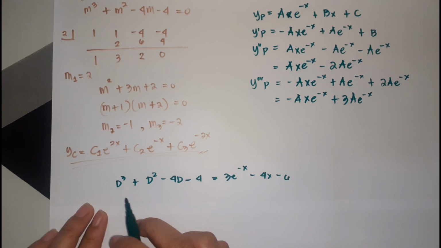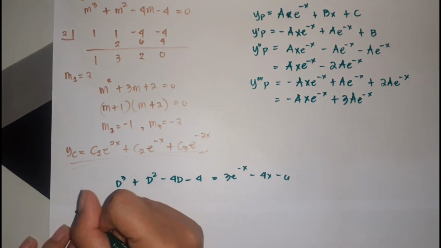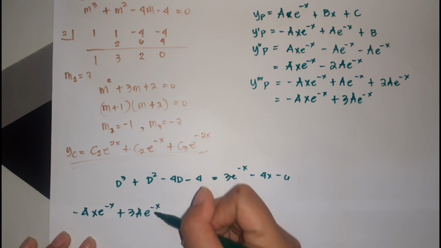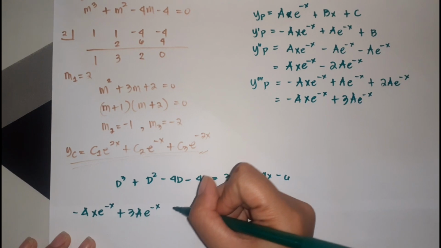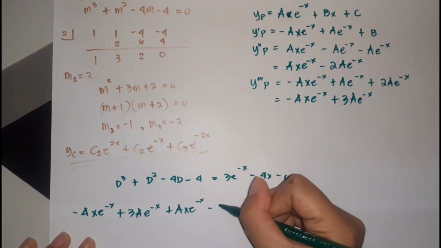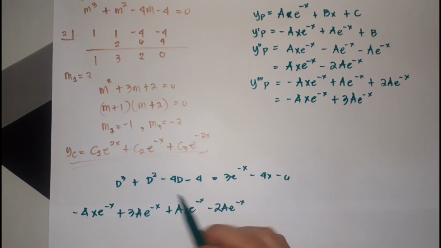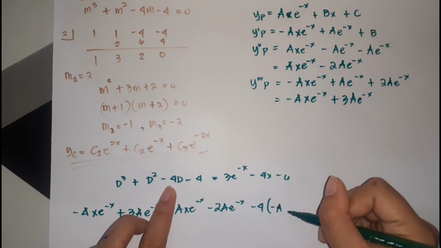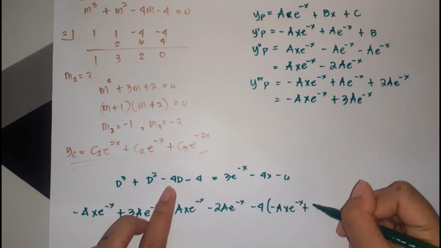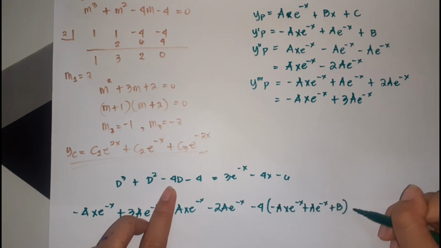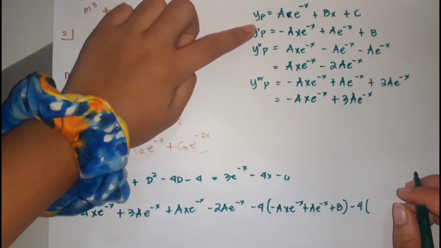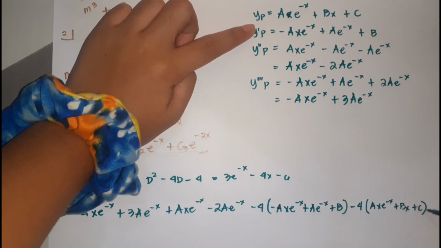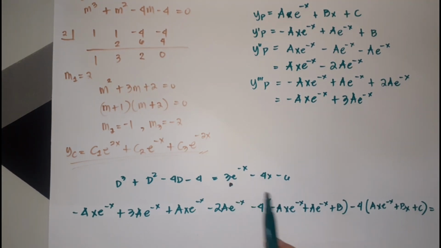Our third derivative is negative ax e raised to negative x plus 3a e raised to negative x, and D squared is plus ax e raised to negative x minus 2a e raised to negative x, minus 4 times our D, which is negative ax e raised to negative x plus a e raised to negative x plus b, minus 4 times y sub p, which is ax e raised to negative x plus bx plus c, equals this, and equate.